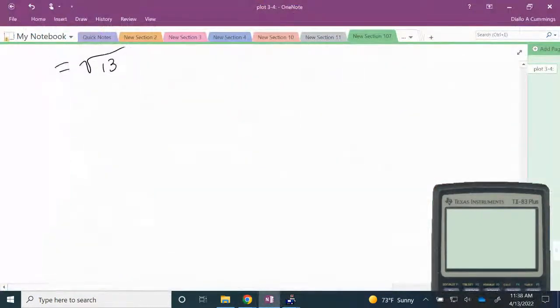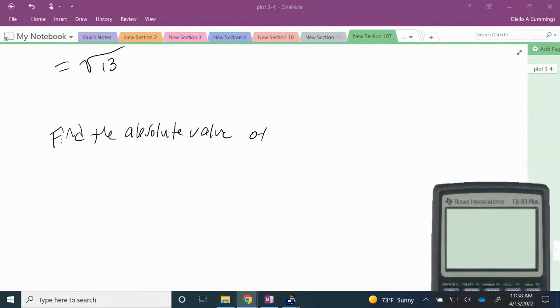Find the absolute value of the square root of 5 plus 6i.